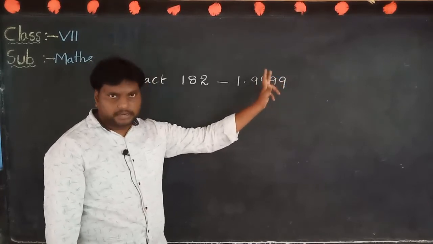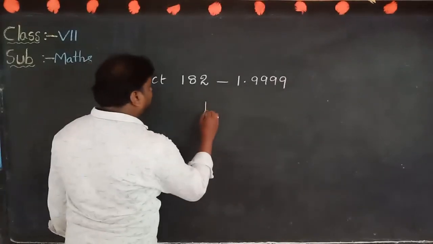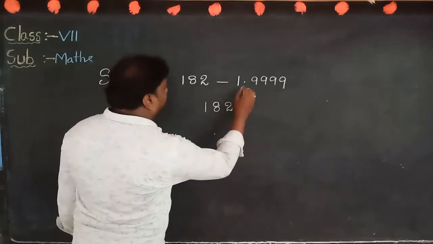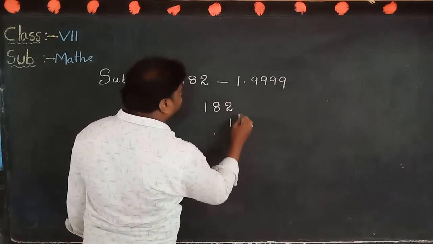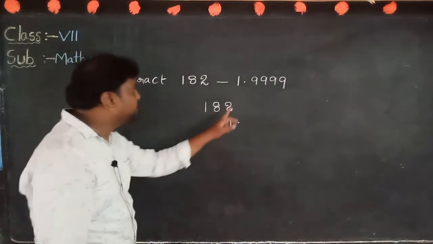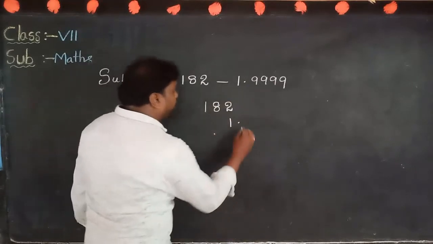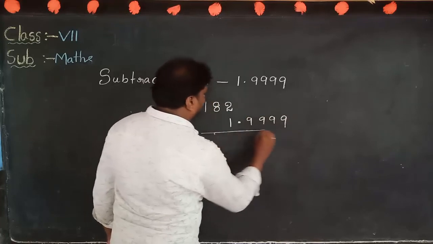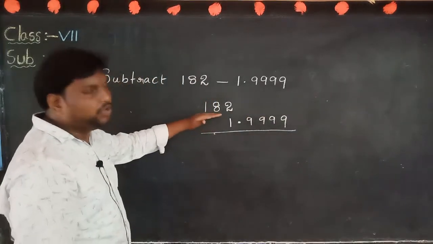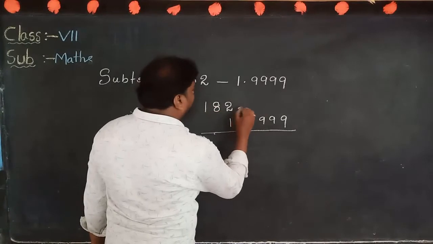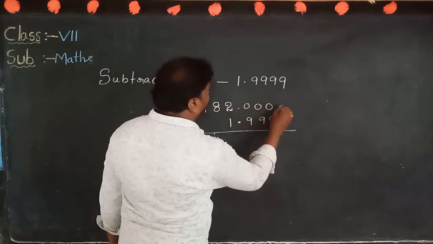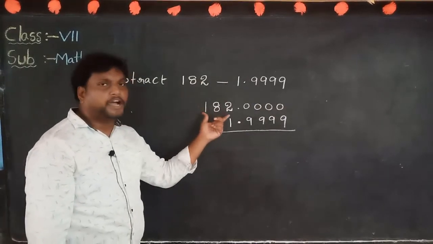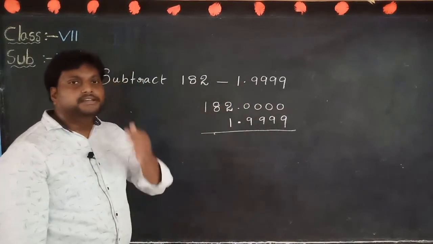Then we have to write 182 and 1.9999. Since we have only the whole part, we can take 0.0000, because zeros after the point are not a problem.